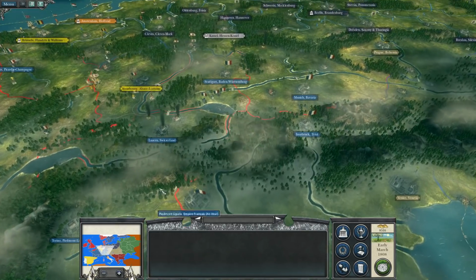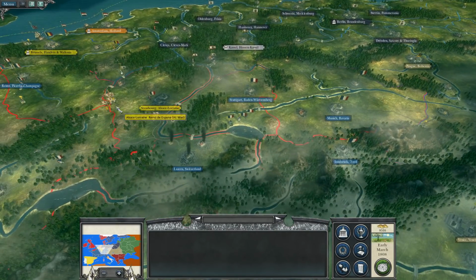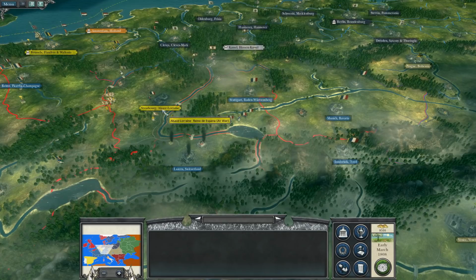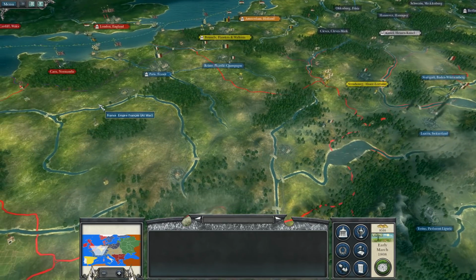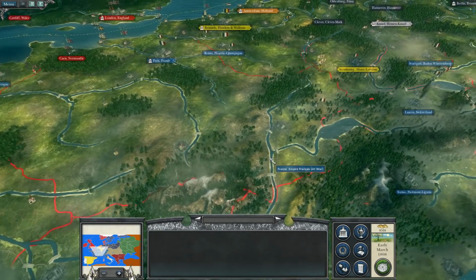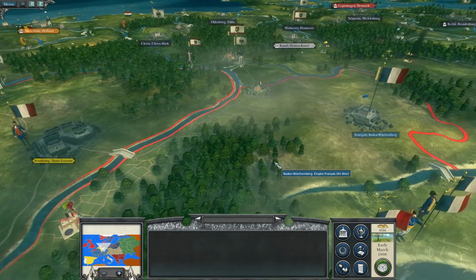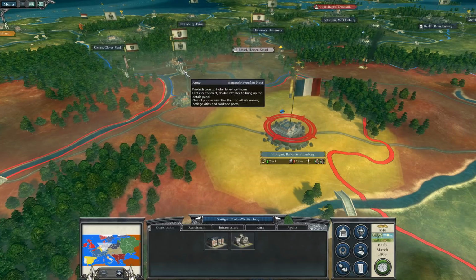But I don't know if I should do that, because that will kind of stop Austria from... They will run into a wall then, and they won't be able to go through and help me once we get... Well, we will see what happens. For this one, what I'm going to do is I'm going to do this.